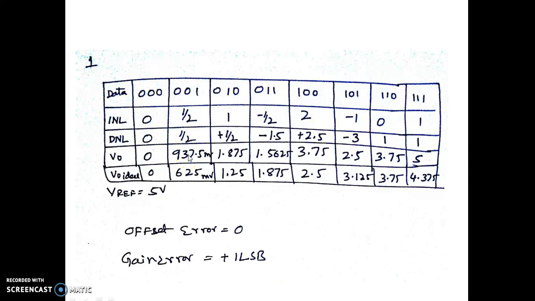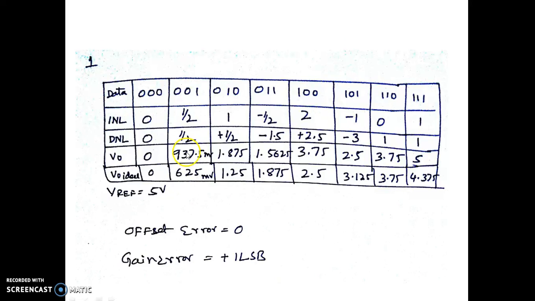With this as the present voltage, the expected value of the next output is 937.5 millivolts plus 625. Let me calculate.